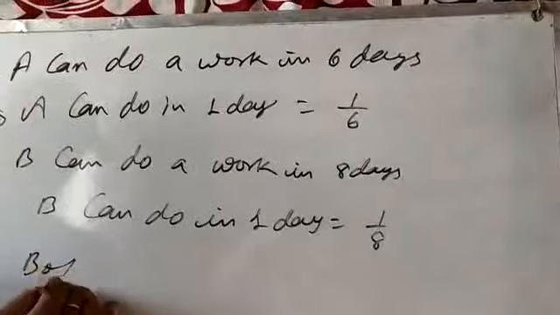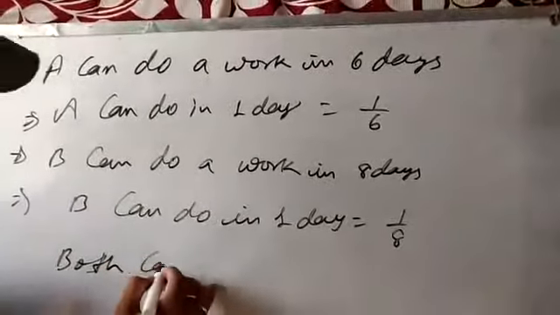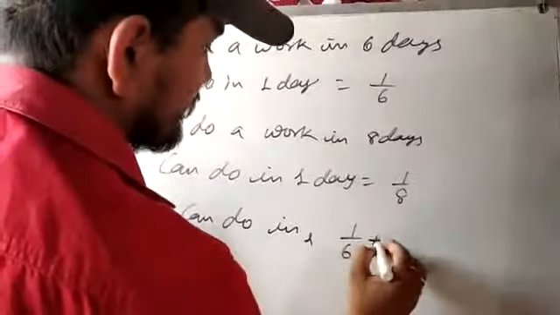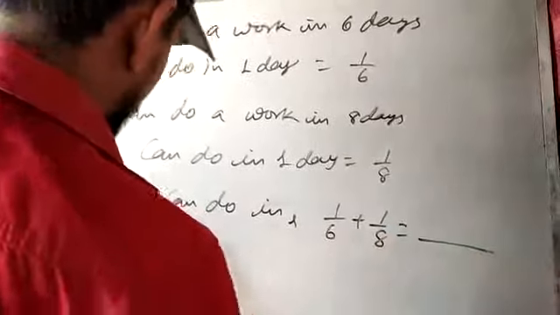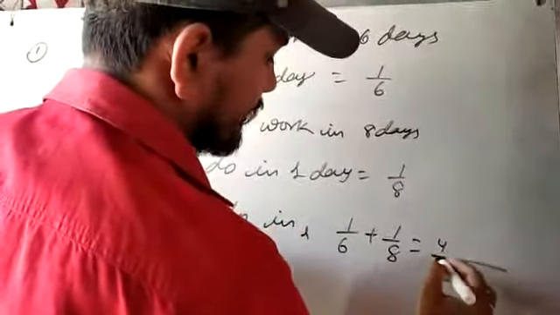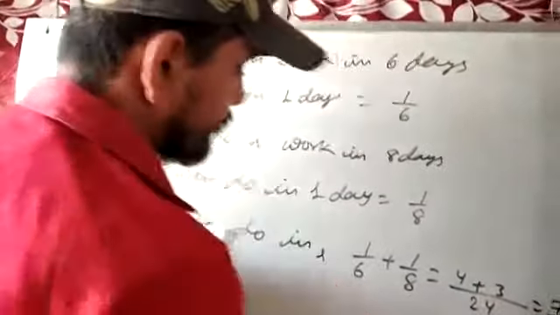Both can do in 1 by 6 plus 1 by 8. If you take the LCM, you will get 24. 6 4s are 24 and 8 3s are 24, so it is equal to 7 by 24.